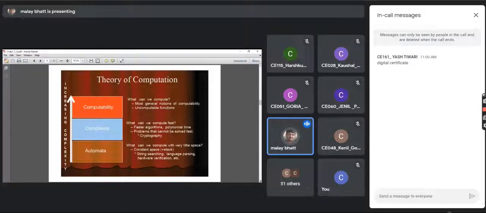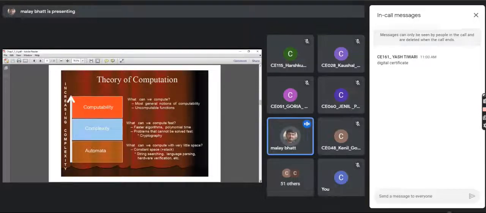What kind of problems can we solve, like string searching, language parsing? Searching a string, you might have done in your advanced algorithm, string matching algorithms like Rabin Karp and KMP and others. So what can we compute with a little space?